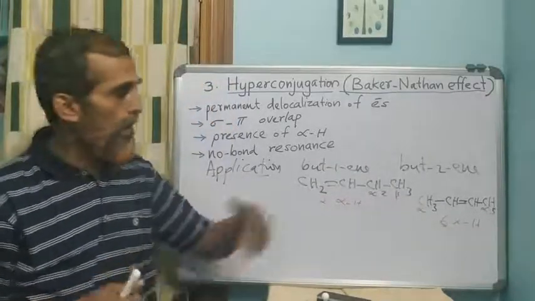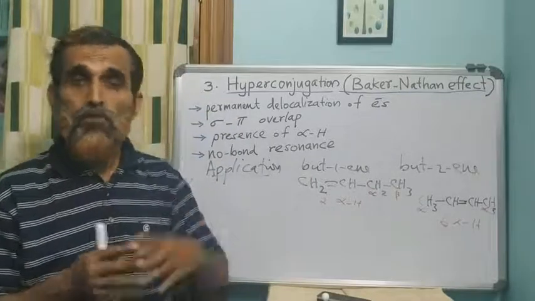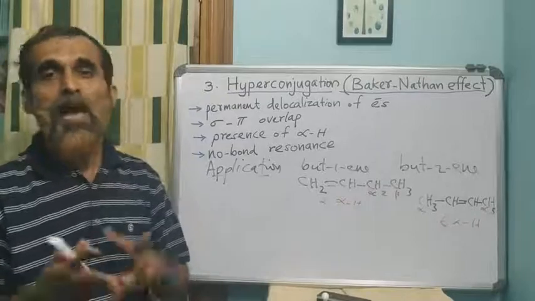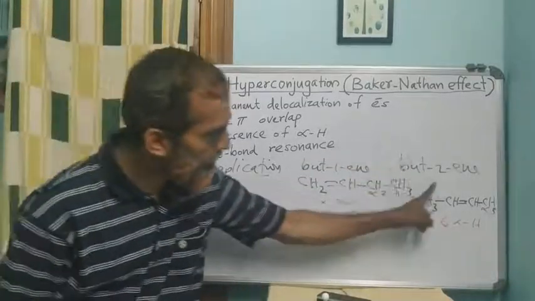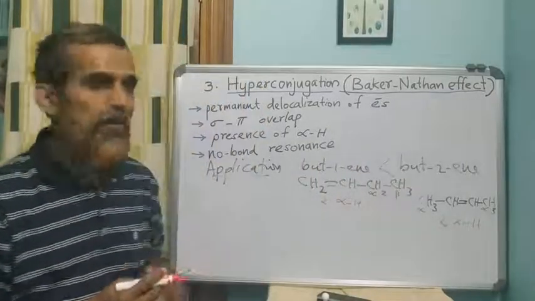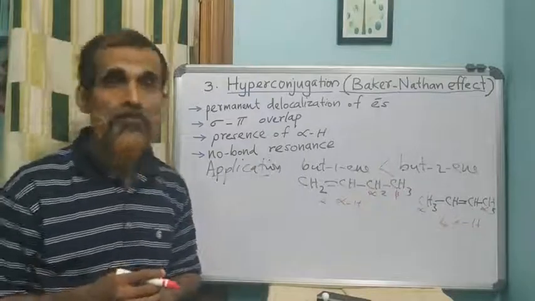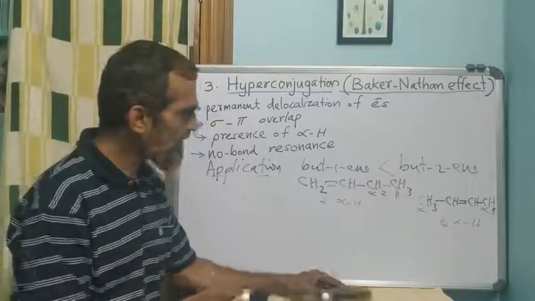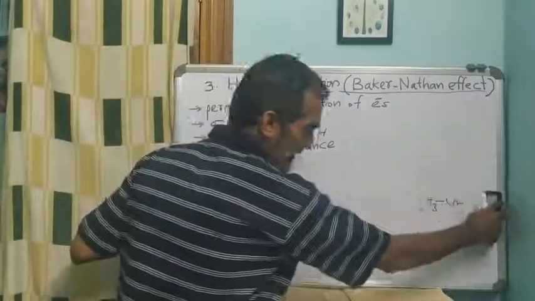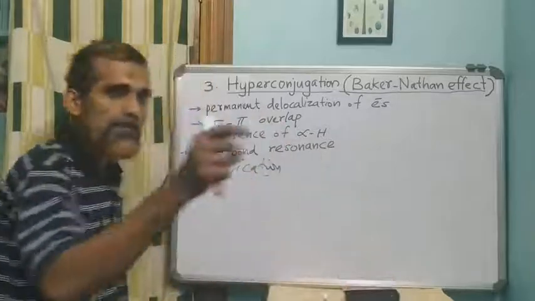The more the alpha hydrogens, the more the hyperconjugative structures, the more the hyperconjugation effect, more delocalization and more stability. So but-2-ene is more stable than but-1-ene because it has a greater hyperconjugative effect. Okay, so this is the application we have to discuss at this point. You will find more applications of hyperconjugation in some other area.